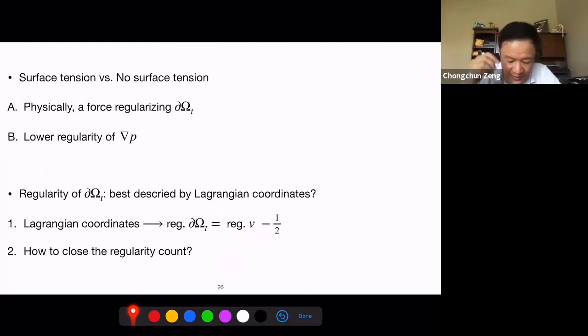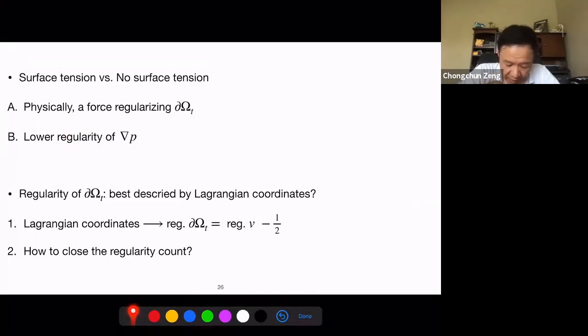As we said, the surface tension is a physically stabilizing force. It's supposed to regularize the boundary, but somehow from the regularity analysis of the gradient of the pressure, it causes lower regularity of the gradient of the pressure. So how do we make this up? That's the same question I was talking about on the last page.